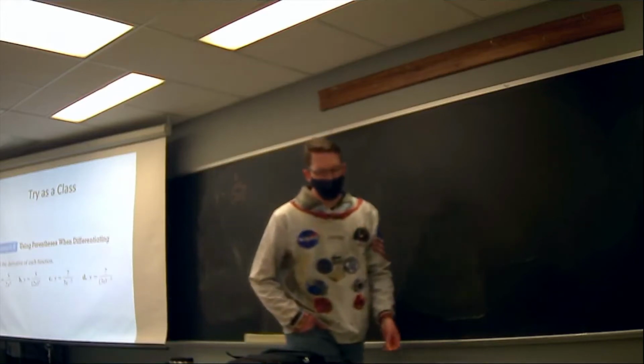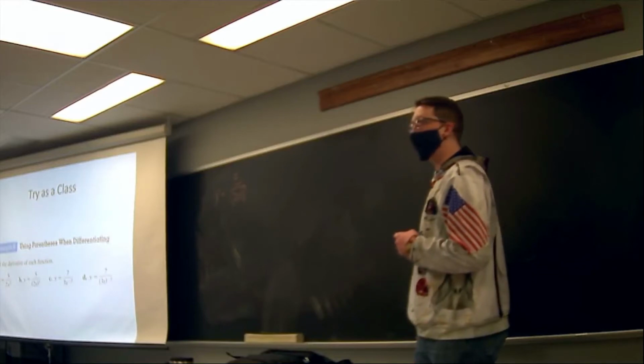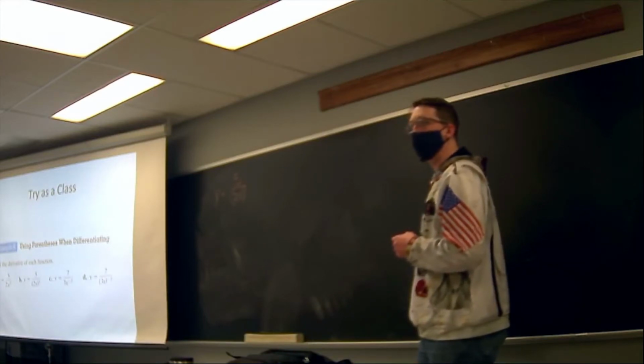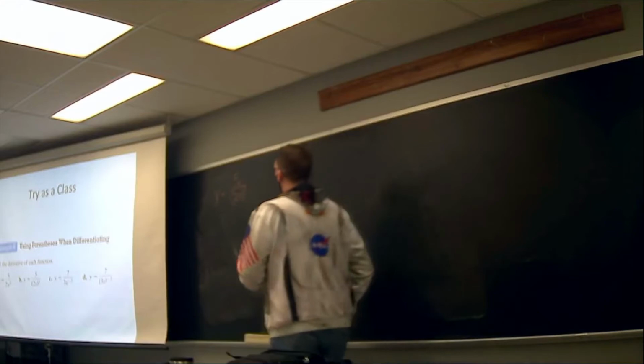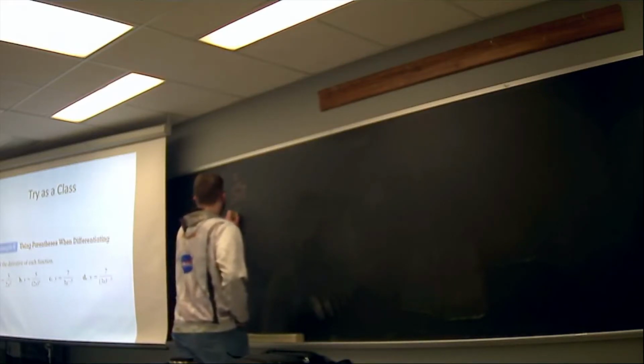Step number 1, let's simplify this as much as we can. Agreed? When we do, this thing is going to come out to be 5 divided by 8 times x to the 3rd.